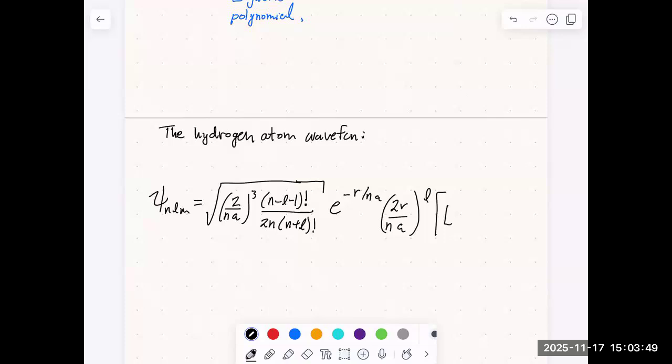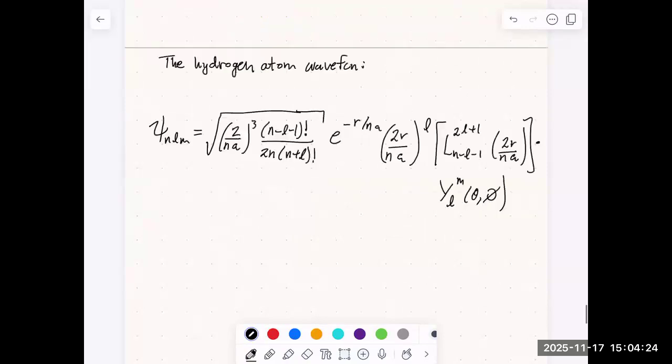And there's the associated Laguerre polynomial, 2l plus 1. Okay, and then we still have to multiply by the spherical harmonics. So there it is. This is the normalization factor for general n and l. We did it for the one-off case of the ground state, but people have worked it out in general.